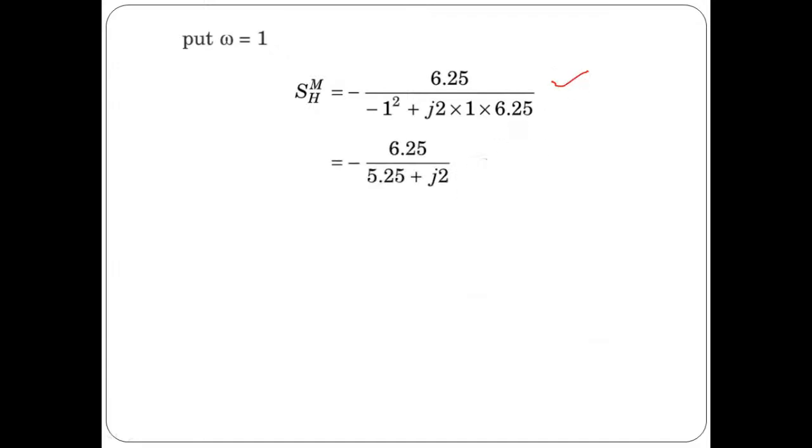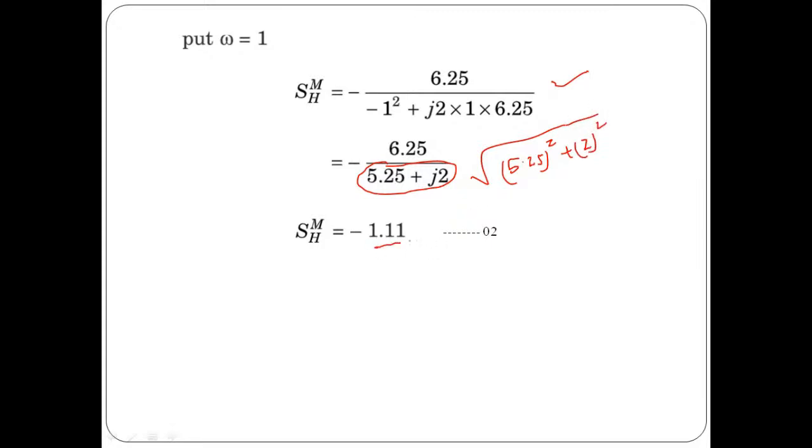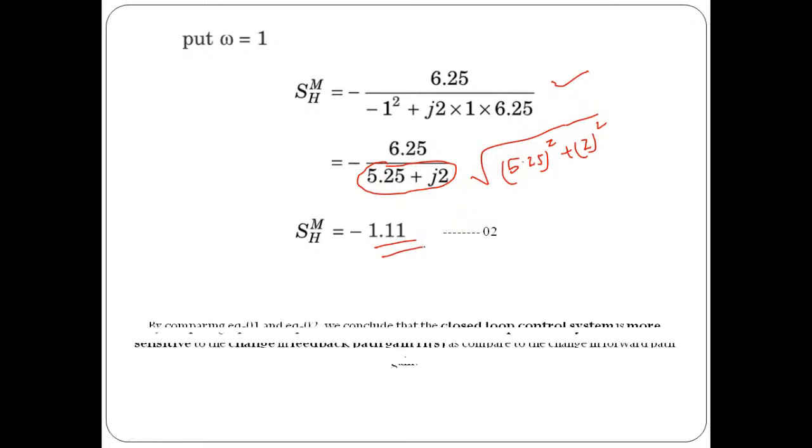And solve, you will get this. And then if you calculate the magnitude by applying that logic, calculating the magnitude of this complex number, it will be square root of 5.25 square plus square of 2. It will be minus 1.11.